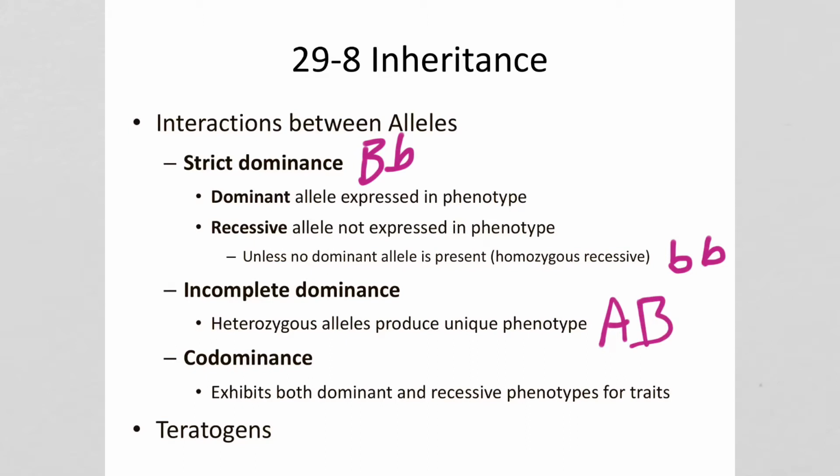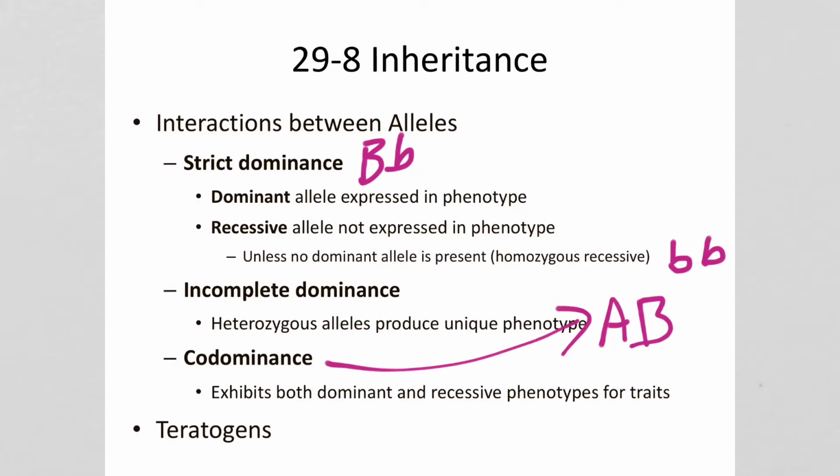If you get the A blood type gene, you make the A surface antigens on your red blood cells. If you get the B blood type gene, you make B surface antigens on the surface of your erythrocytes. And if you get both of those, then you make both surface antigens. I'm sorry, so that is codominant. My notes are in a different order than my PowerPoint.